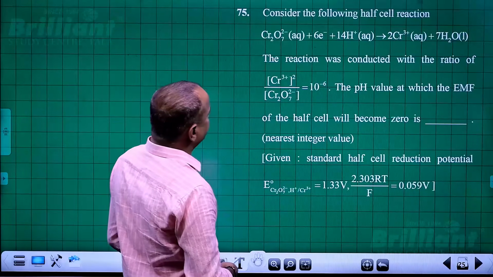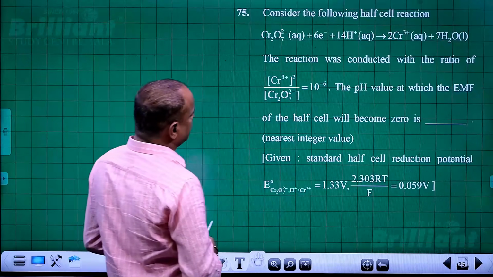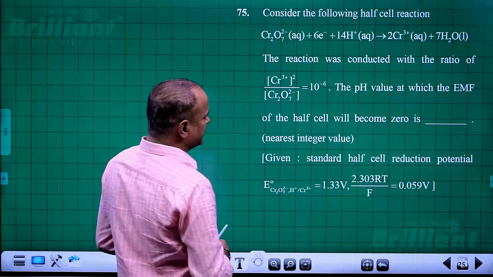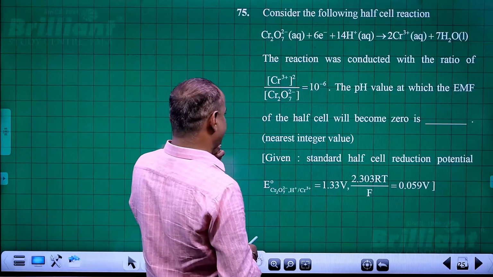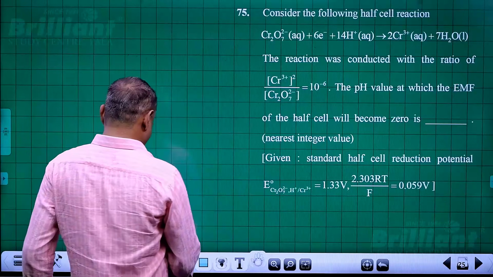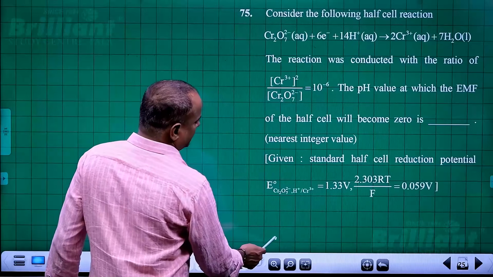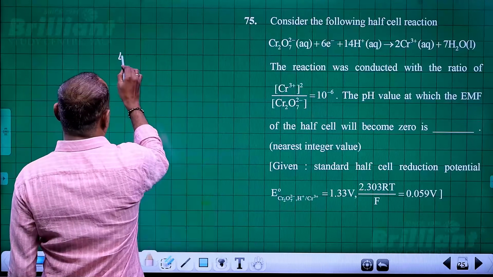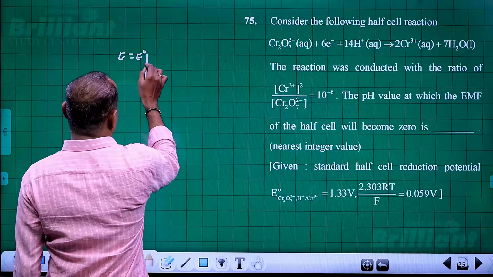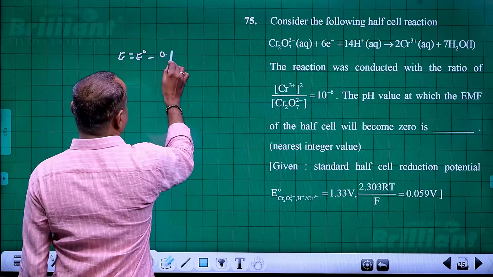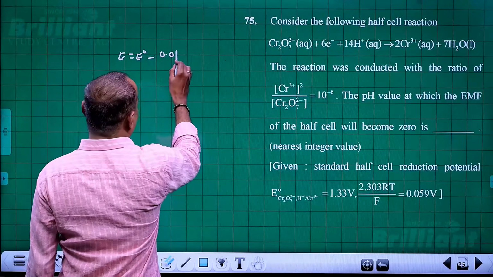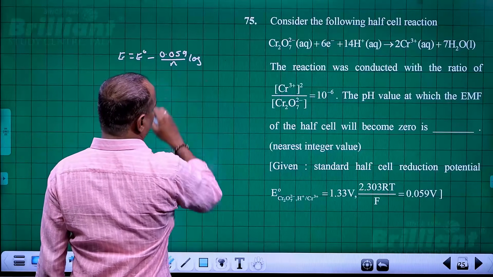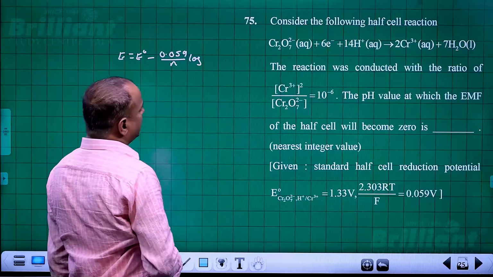Next, 75. The following reaction is given, with a ratio of 10 raised to minus 6 of chromium to dichromate. Find the pH of the solution at which the EMF of the cell becomes 0. First, the Nernst equation: E is equal to E naught minus 0.059 by n log products by reactants.